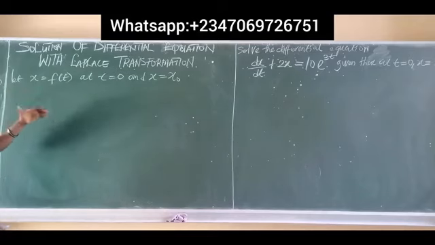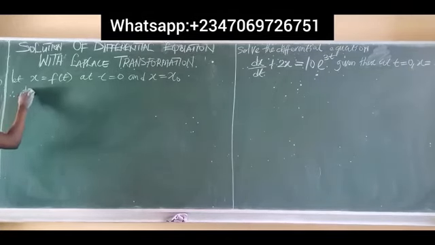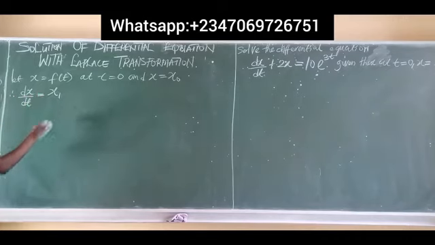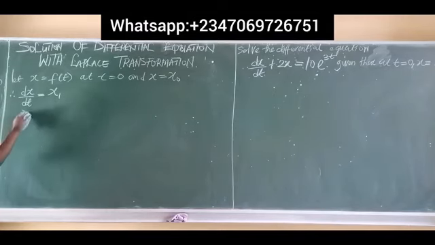Now we are simply saying that x is a function of t. So if x is a function of t, it means I can only differentiate x with respect to t. Therefore, the first thing you need to consider is that dx/dt is equal to x1. Keep this in mind. Next is d²x/dt², call this x2.